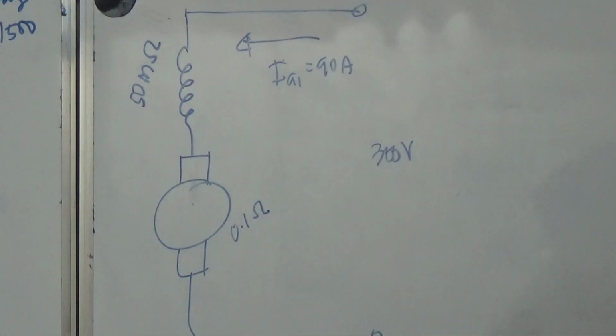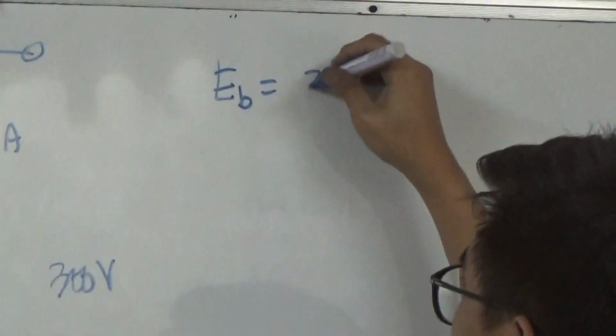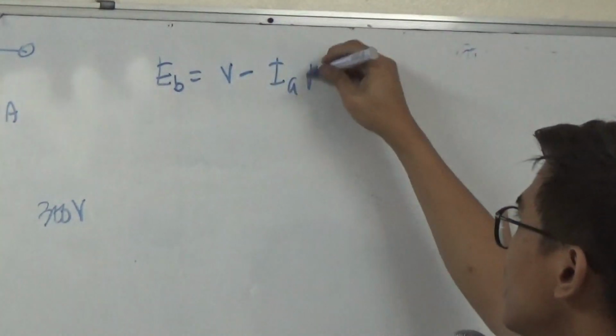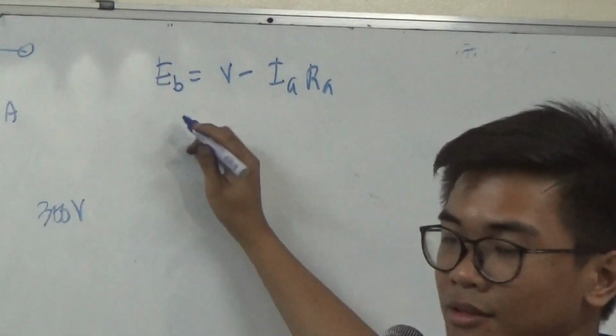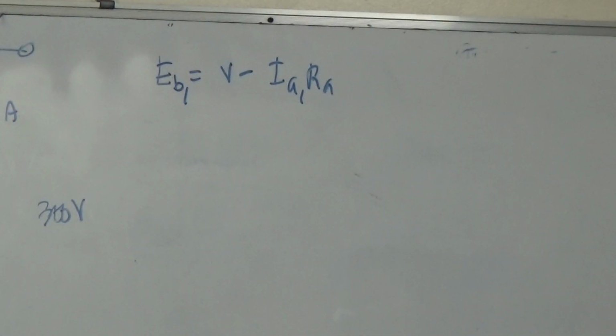Okay, ito muna tayo. Compute natin si back EMF. EB1 equals to V minus IA1 RA.